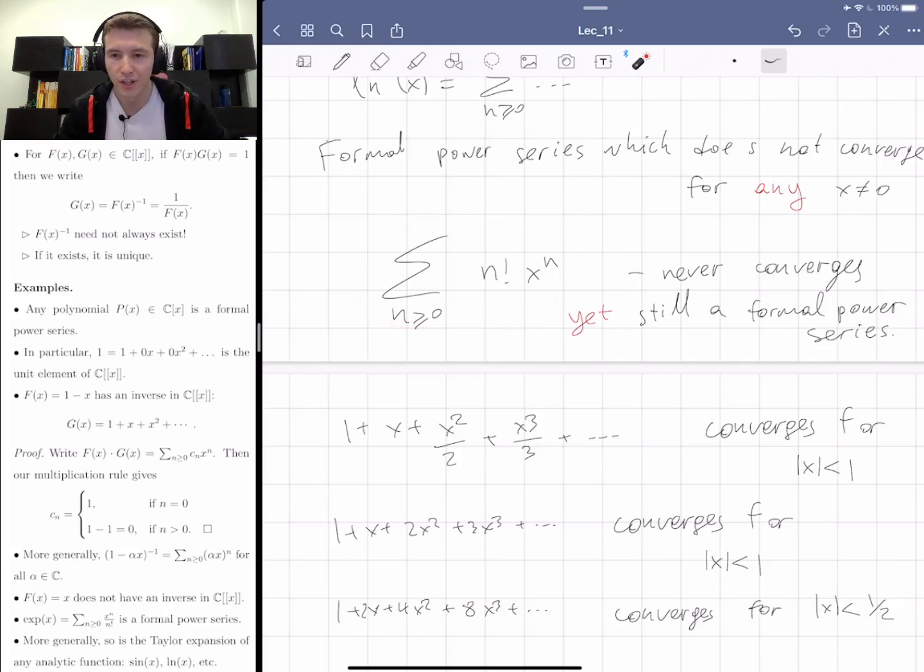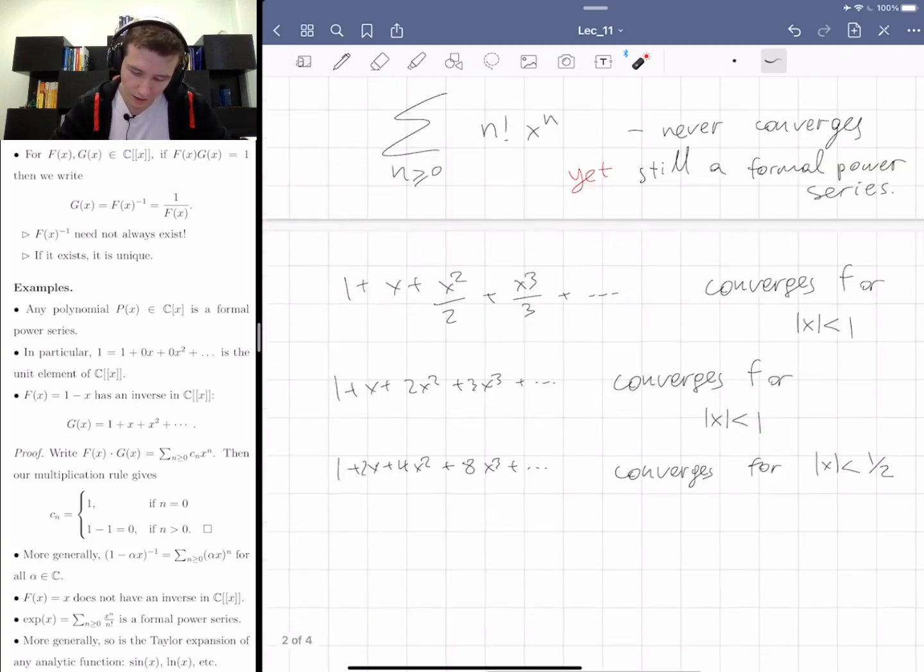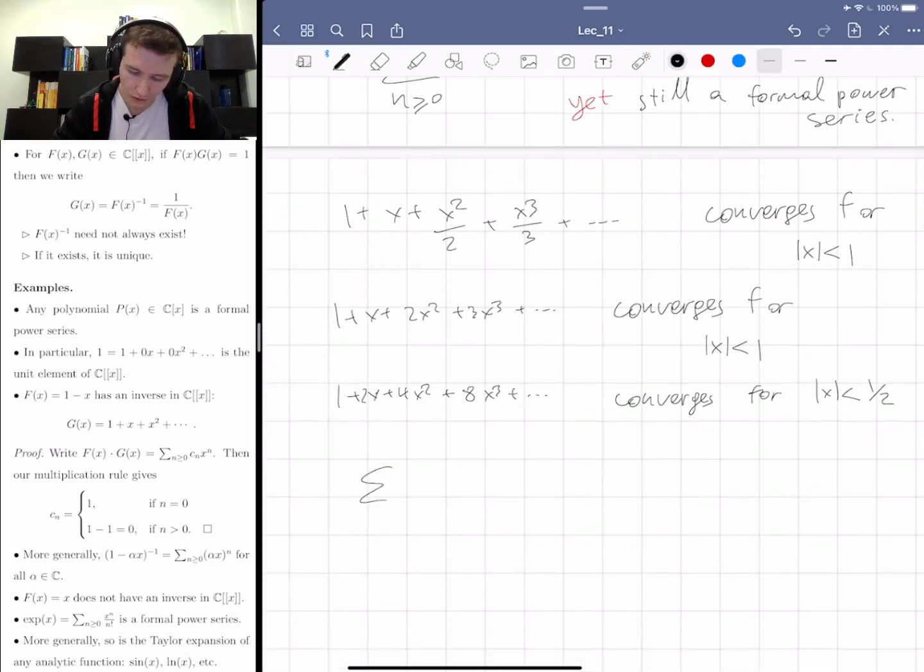What about negative 1 to the n, x to the n? I think this converges for absolute value of x less than 1.